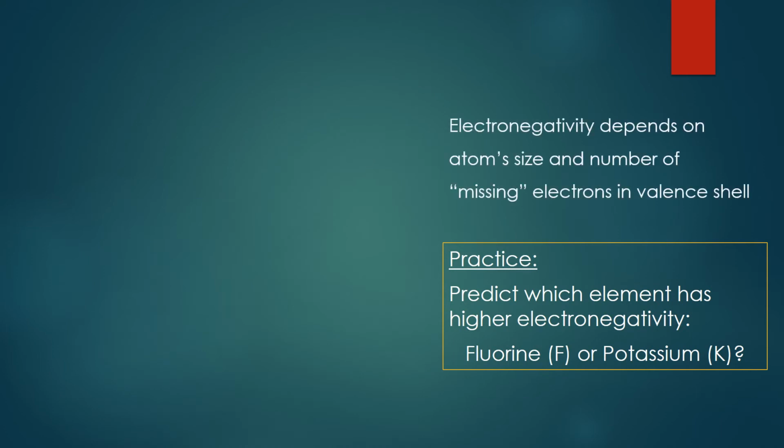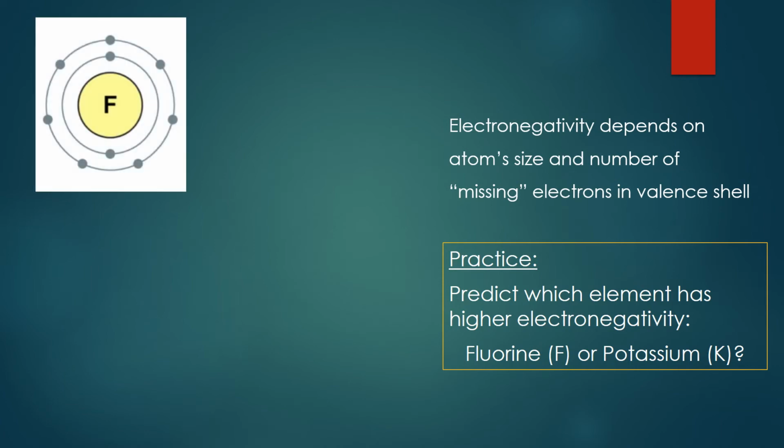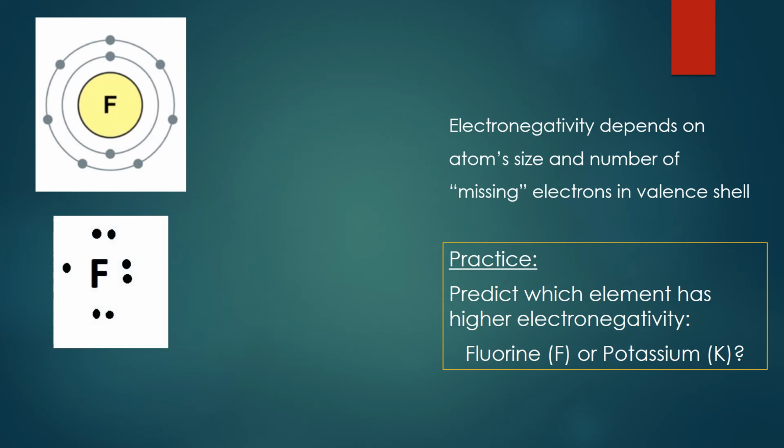This ability to steal an electron away, called electronegativity, depends on the atom's size and number of missing electrons in its valence shell. Here's an electron diagram of fluorine. 1, 2 electrons in its innermost shell, 1, 2, 3, 4, 5, 6, 7 electrons in its valence shell. So here I can simplify it to our Lewis dot diagram of fluorine, where we notice there are 3 sets of happily paired electrons plus 1 unhappy single electron looking for a mate.